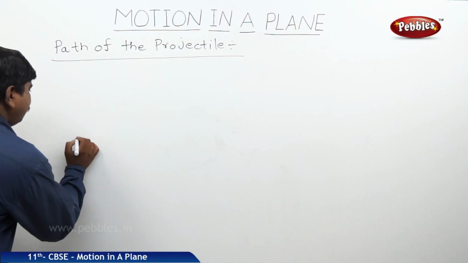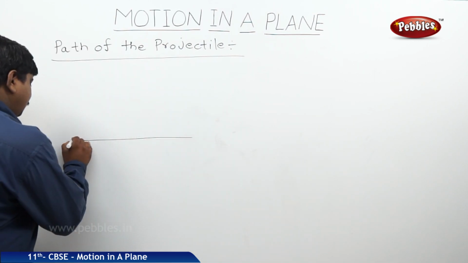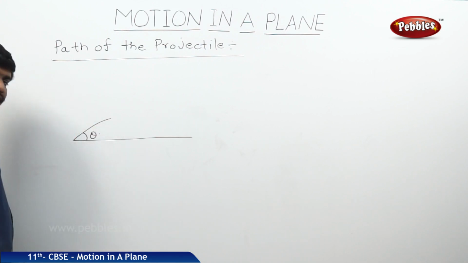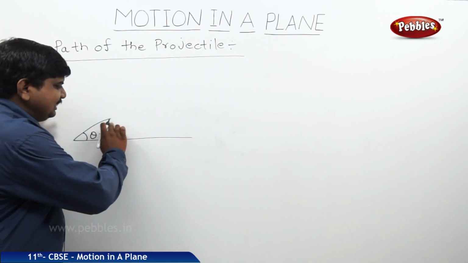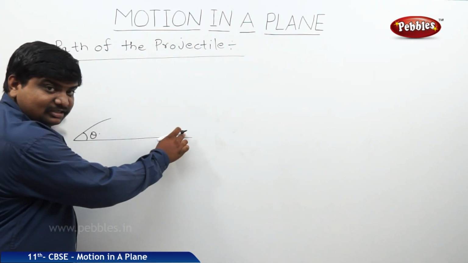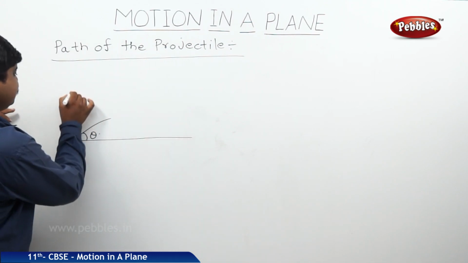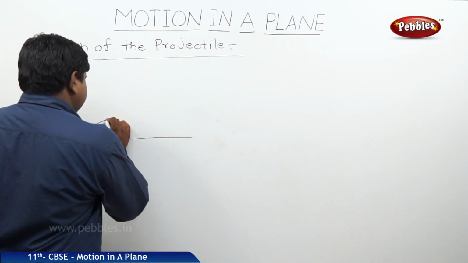Let us take a horizontal plane, a body thrown upward with an angle theta. As mentioned in the definition of projectile, its uniform motion is influenced by the horizontal component and its acceleration is influenced by the vertical component.